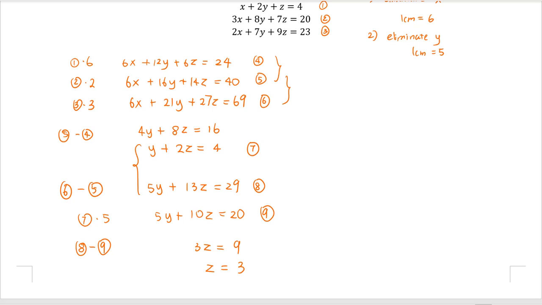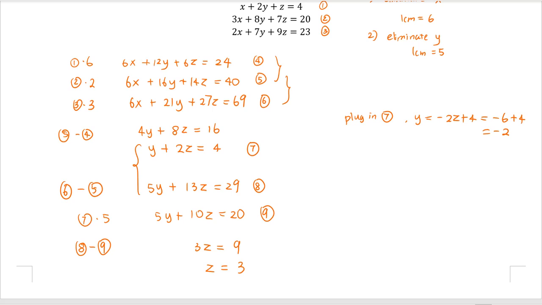Alright, after we get z, we can use one of the equations 7 or 8 to solve for y. Equation 7 is easier. So plug into 7. We get y equals minus 2z plus 4. z is 3, so minus 6 plus 4 is minus 2.